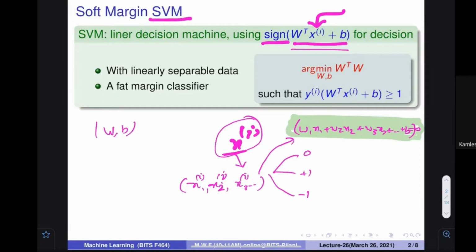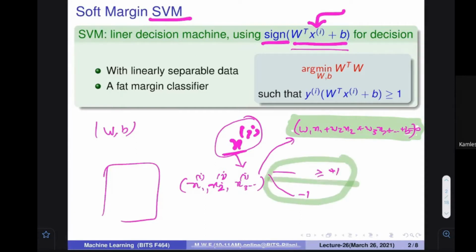Because the space is very large, getting 0 is very improbable. So most of the time you say that if the value is greater than or equal to 0, it is a positive item, otherwise it is a negative item.